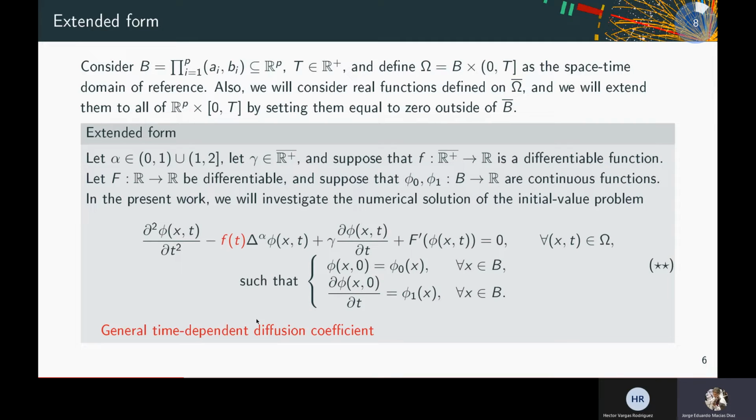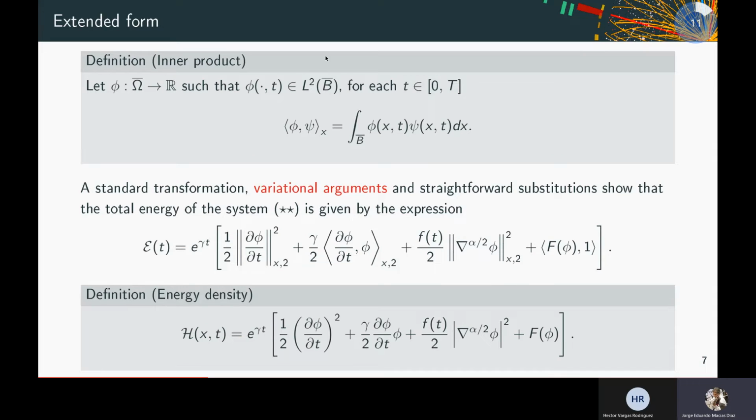Okay, so as I said, this is the general time-dependent diffusion coefficient. This is the fractional diffusion, and this is the generalized potential. We are going to introduce some notations. This is the inner product, usually understood in this way, and the system that we consider in this talk has some energy associated.